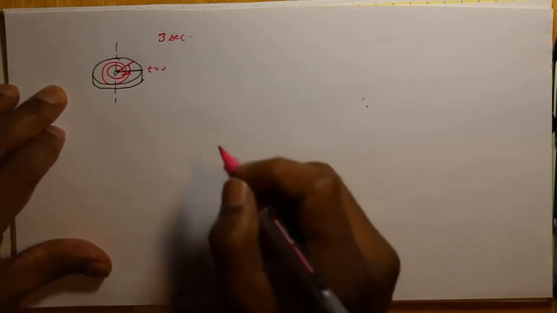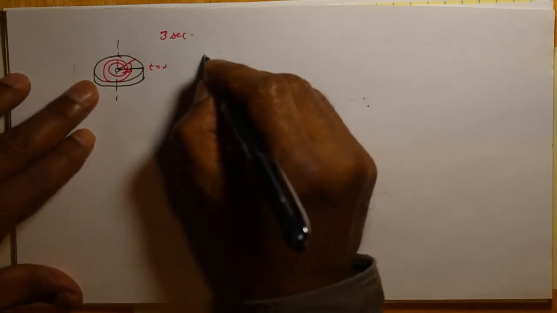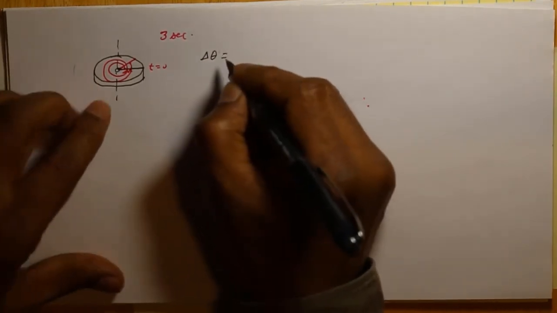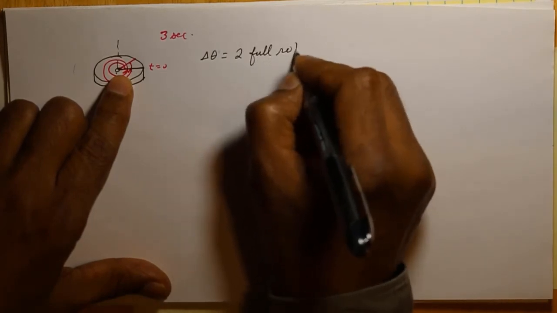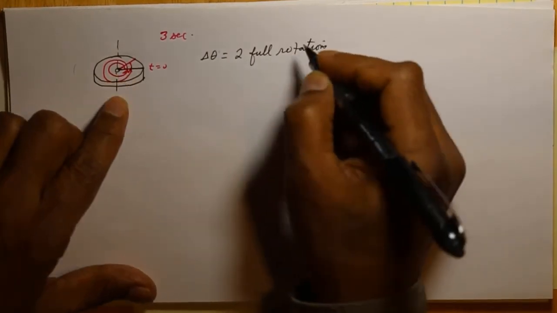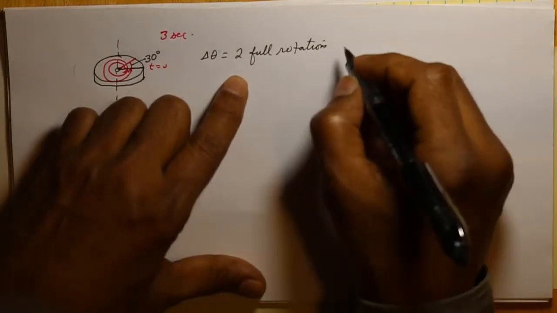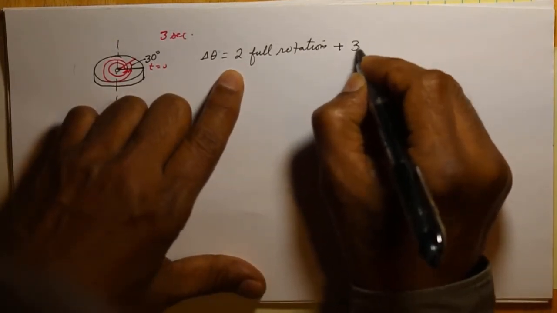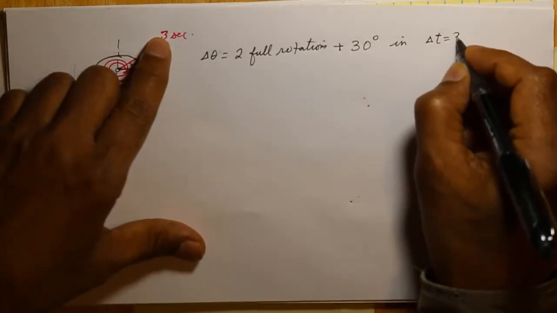Well, how much angle has it rotated? So delta theta will be, I had 2 full rotations, and let's say this was 30 degrees, something like that. Okay, 2 full rotations plus 30 degrees in delta t equals 3 seconds.